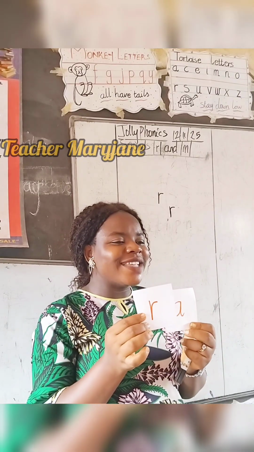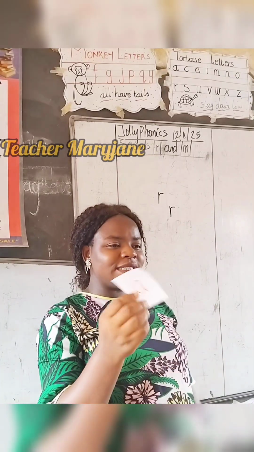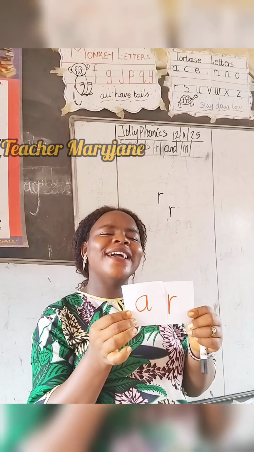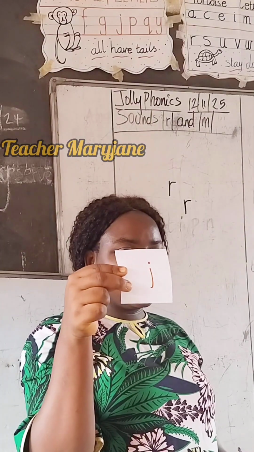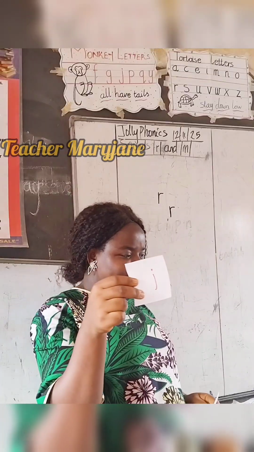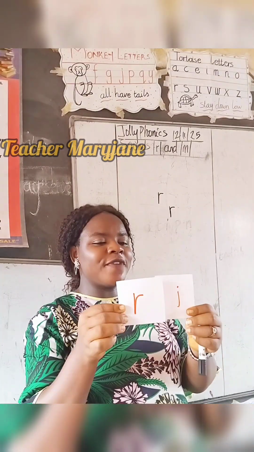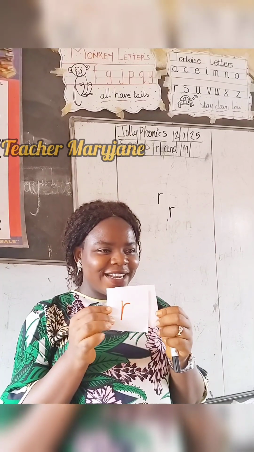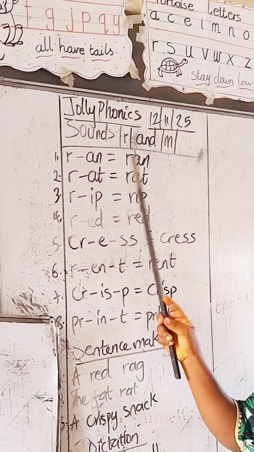Ra. Very good. Say ra. How about this? R. How about this? Again. Very good. And these? If I put them like this? Raise. Very good. Clap for yourself.